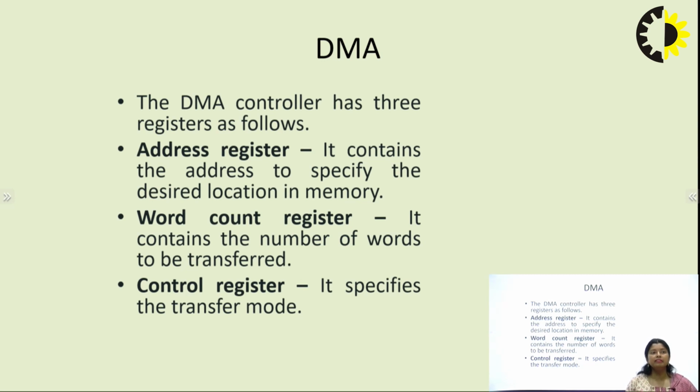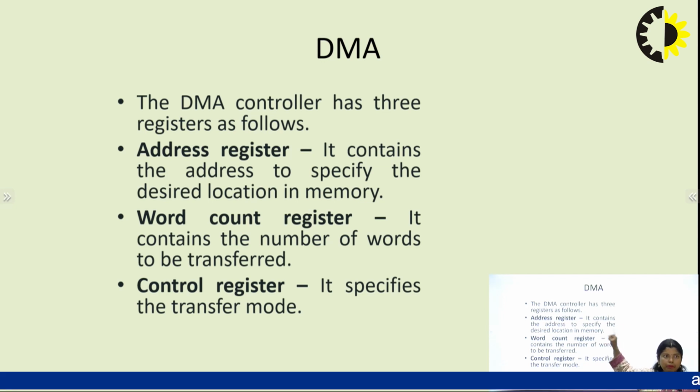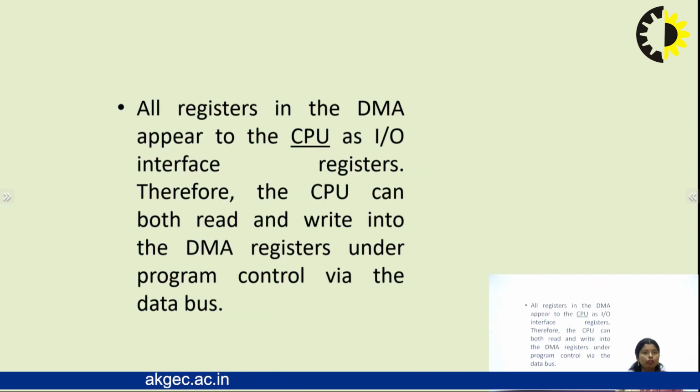The address register contains the address to specify the desired location in the memory. Word count is the total number of words to be transferred from the IO device to memory, either for IO read or write. And the control register specifies which transferring mode you are applying. All the registers in the DMA are accessible to the CPU as IO interface registers.